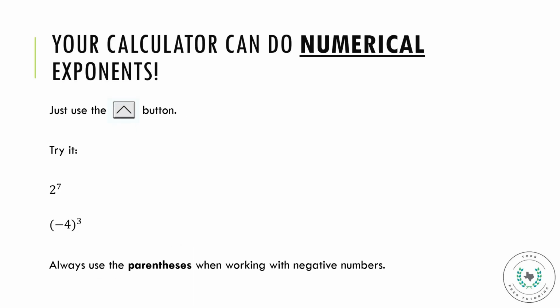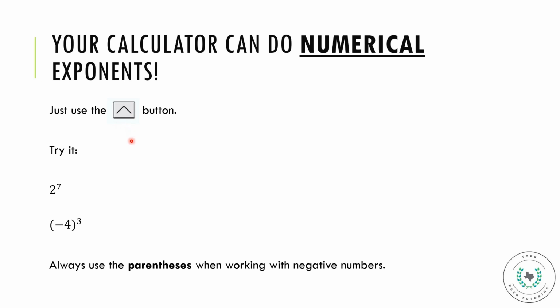Now, here's another cool little fun fact. Your calculator can do numerical exponents. Numerical just means that it's normal numbers. So it's not including variables like x or y, but it's including normal numbers like -2, 3, 10, stuff like that. So in order to do these exponents, you can use this button.